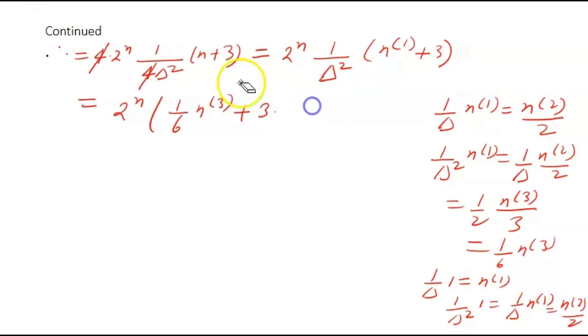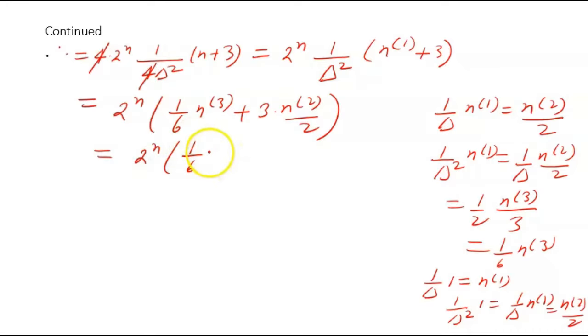So 3, and we get n to the power 2 by 2. So the final answer will be 2 to the power n, 1 by 6 n to the power 3 factorial polynomial, and 3 by 2 n to the power 2 factorial polynomial.